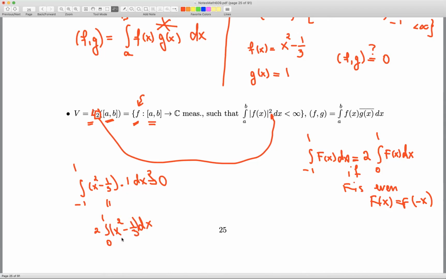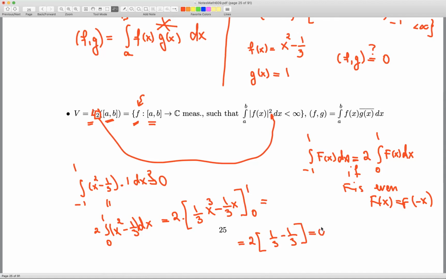And if we use the formulas for integration, this will be 1/3 x to the power 3 minus 1/3 x, between 0 and 1. And so this will be 2 times (1/3 minus 1/3), and then minus 0.